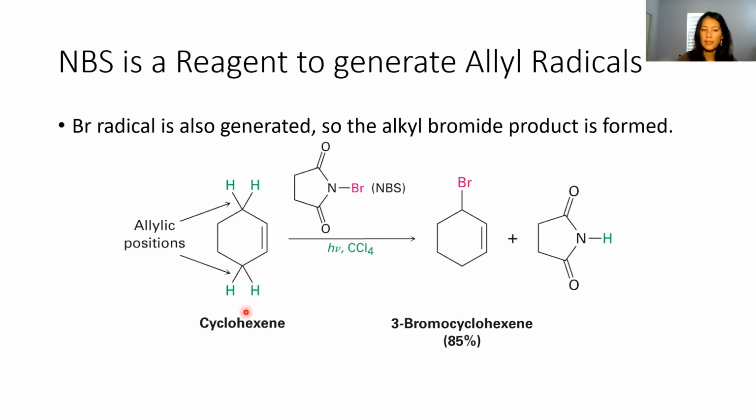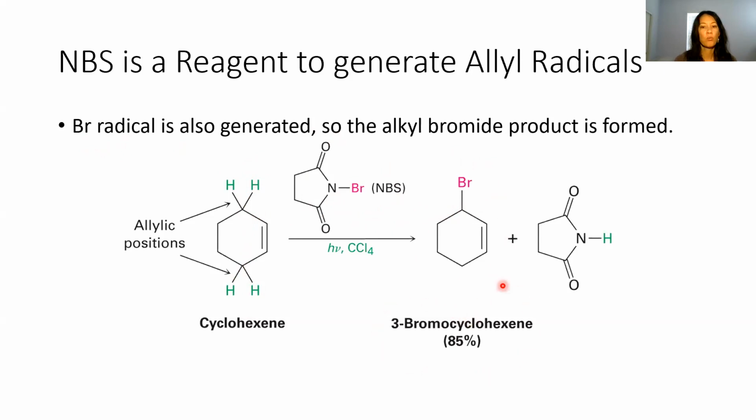So if we have cyclohexene as a substrate, we have 2 allylic positions here and here. That represents 4 different hydrogens. And so this NBS can generate this allylic radical, one of them, say you just use one equivalent of these guys. At the same time, a bromine radical is also generated. So what comes in is reactivity of the Br radical and the allylic radical, say it's generated here, to give you this 3-bromocyclohexene product.